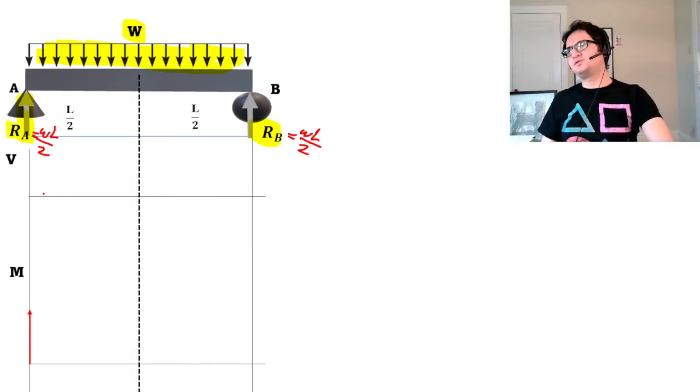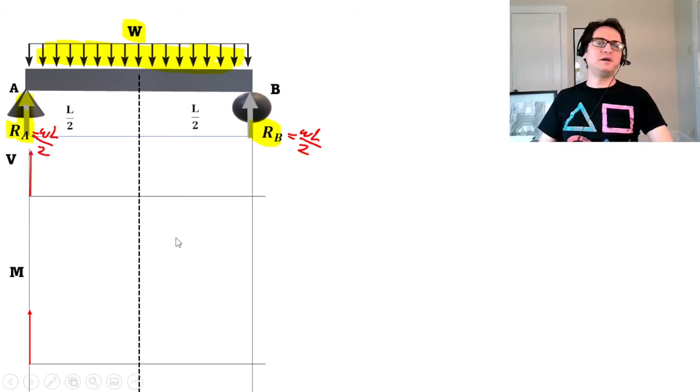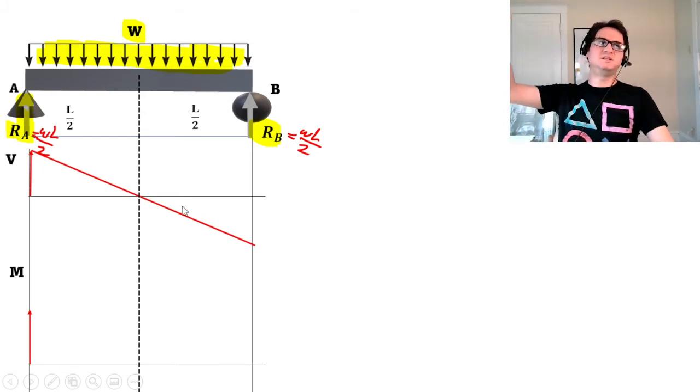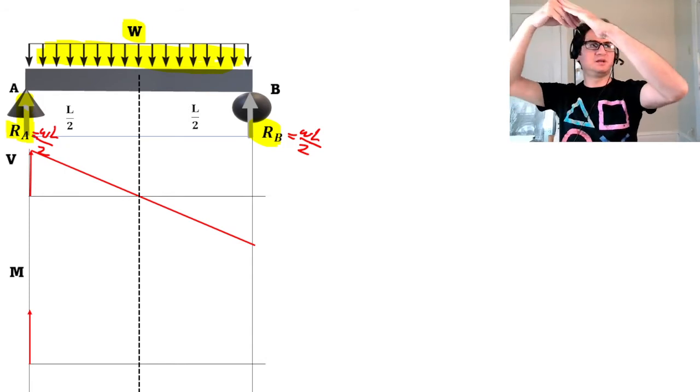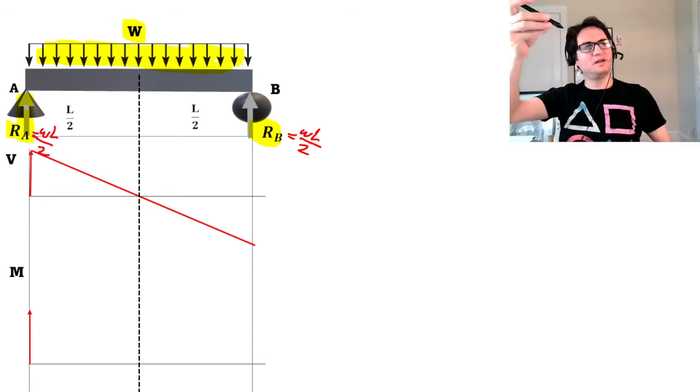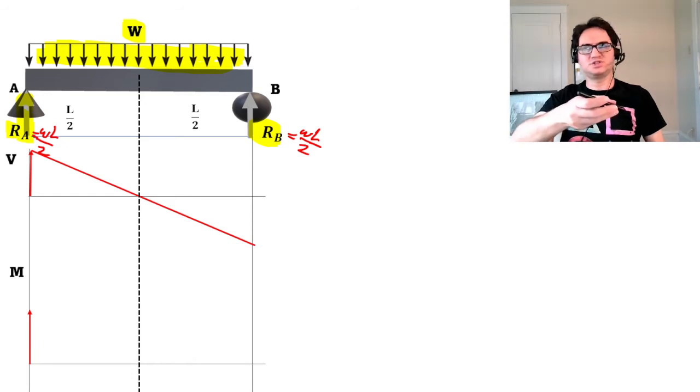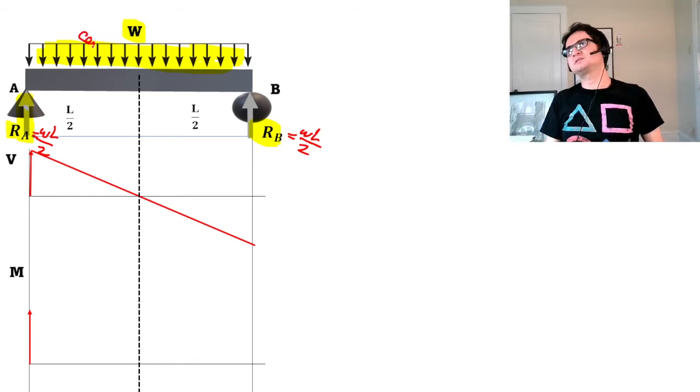So if you want to draw the shear, it just goes up by the amount of RA, and then by a linear relation, it's decreasing. It's a constant load, so that's a 0 degree, and the shear is linear, or 1 degree.